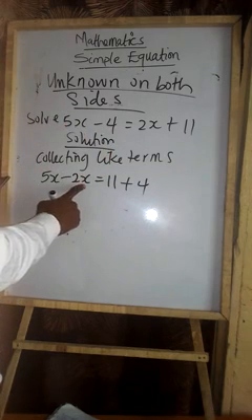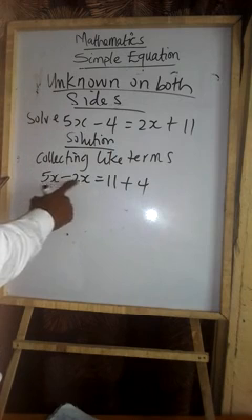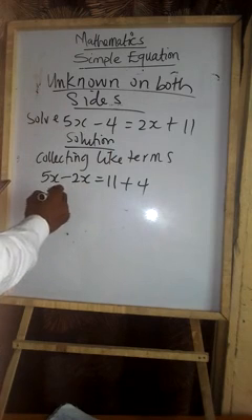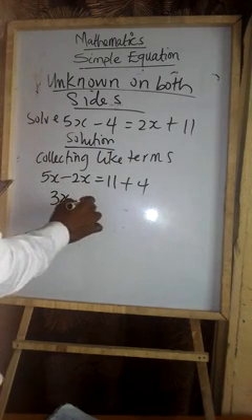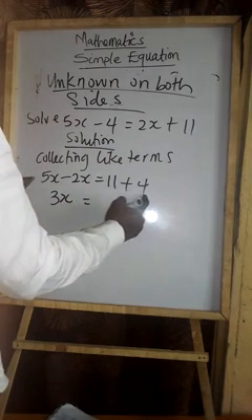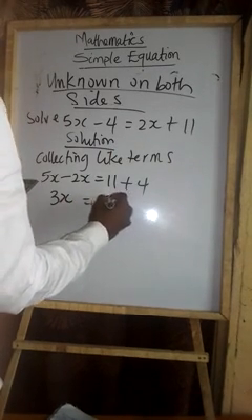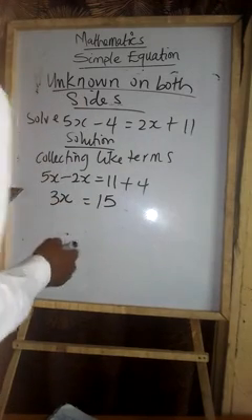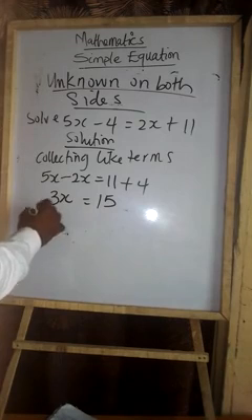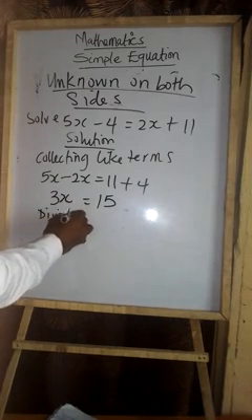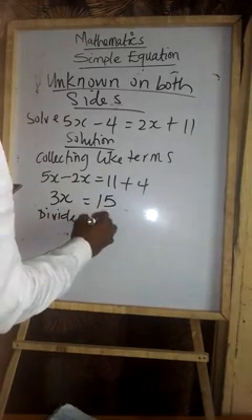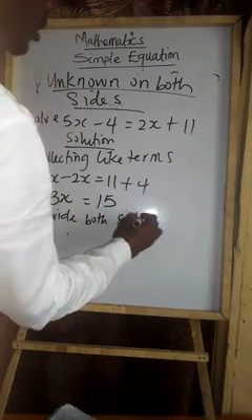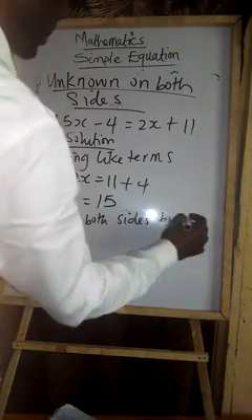So if I work with this now, 5x minus 2x, I'm going to have 3x. If I add this together, I'm going to have 15. So remember what we said earlier. If I want to divide both sides, it's back to what it was before. Divide both sides by 3.